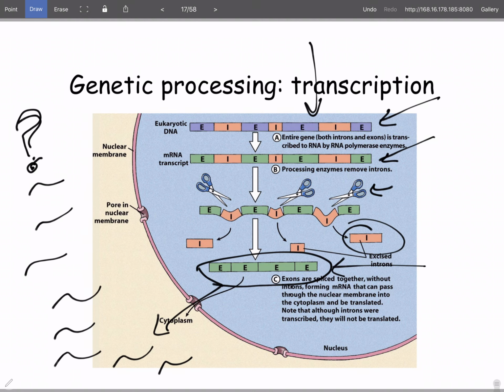Okay? Another reason to have these introns is that, okay, let's just say that when I'm making this messenger RNA, it's to utilize a specific metabolic pathway, or it's to do something. Like maybe it's for the catabolism of a sugar. Maybe I want to utilize one sugar, right? And I don't want pathways to be on for the utilization of other sugars.